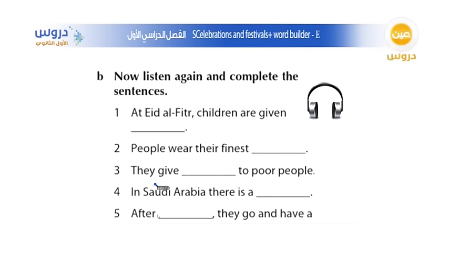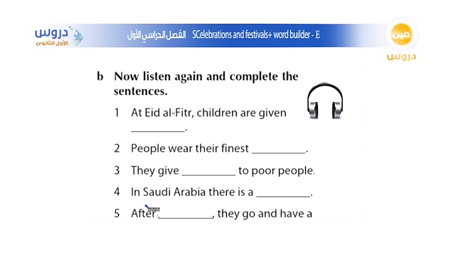I need all of you to try to complete the sentences. Ms. Shahad here is saying charity. People, they give charity to poor people. Number 4, in Saudi Arabia there is a.